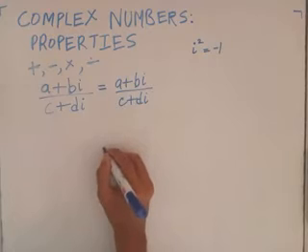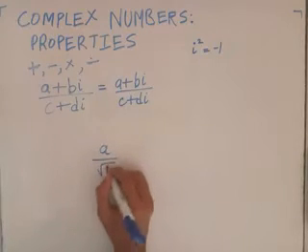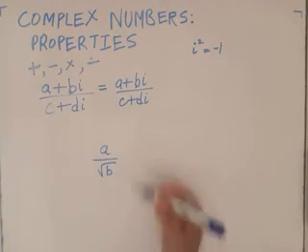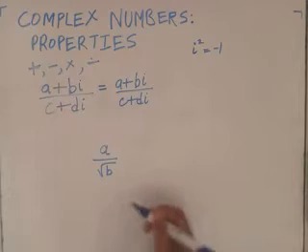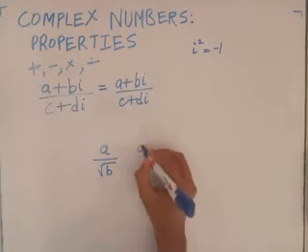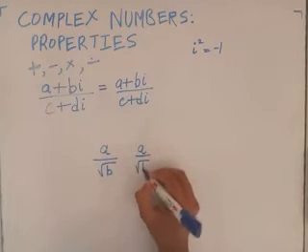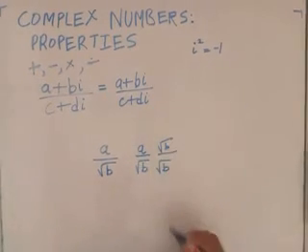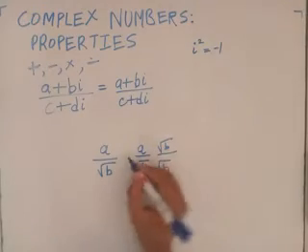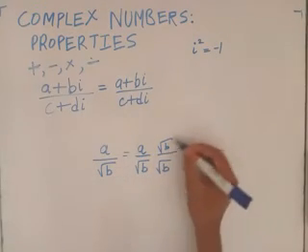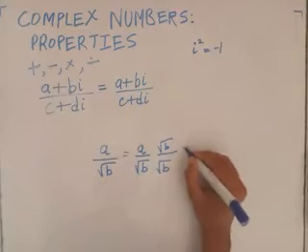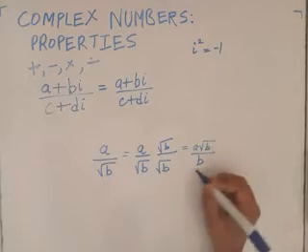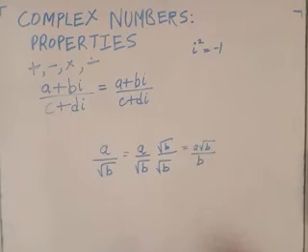So if you have A upon the square root of B, let's say, and you want to rationalize the denominator of this fraction, we use this trick, that is, we multiply by the square root of B upon the square root of B. So this is just the same as multiplying it by 1, because these two cancel off, and finally we are left with A times the square root of B upon B. And we have finally rationalized the denominator.